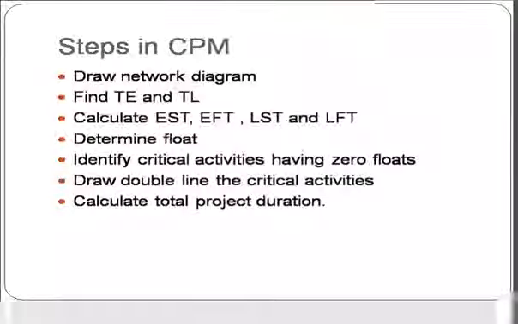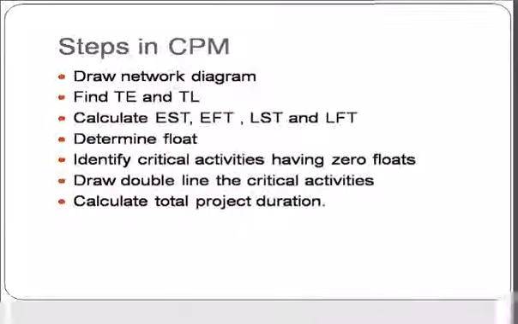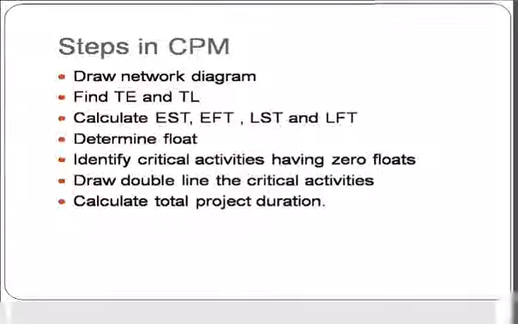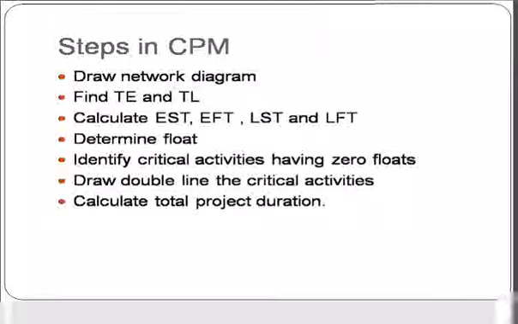Then what are the steps in this CPM, critical path method? First, draw a network diagram. Then find TE and TL. As we all know, TE means earliest event time and TL means latest event time.